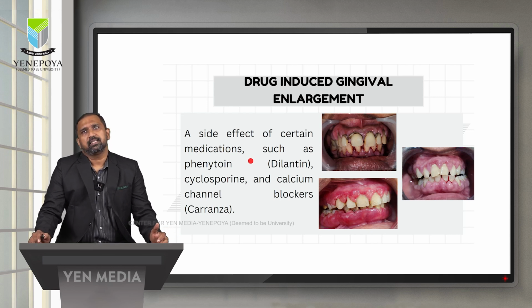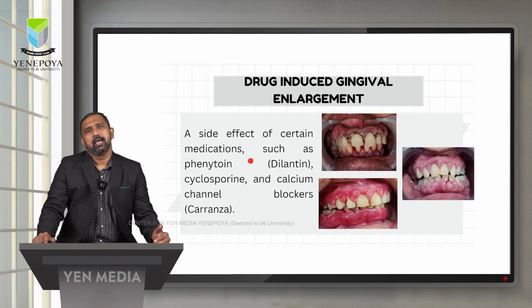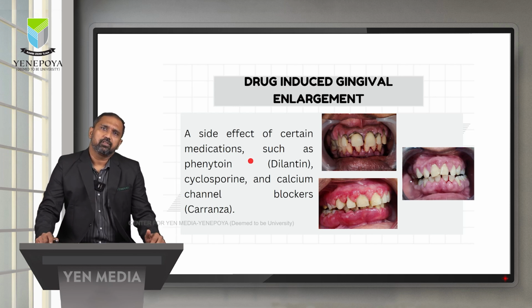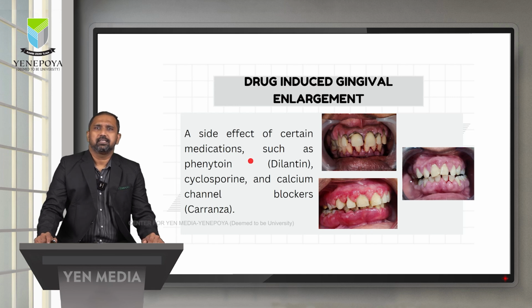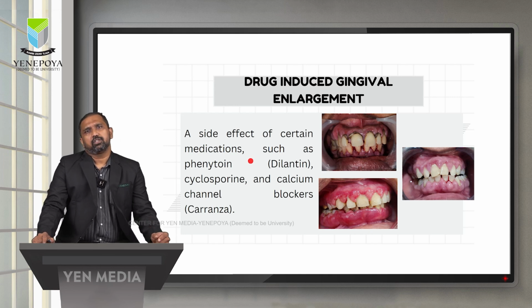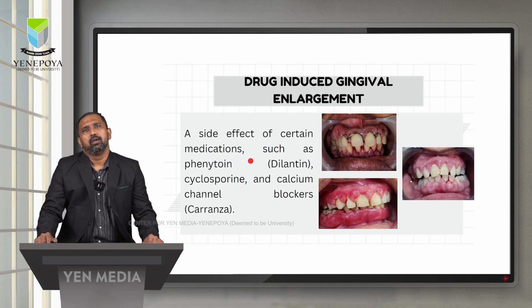It causes an aesthetic concern and a difficulty for the patient to maintain those areas. As a result, plaque accumulation and oral hygiene difficulty continue, leading to an inflammatory enlargement. So usually this drug induced enlargement will be associated with an inflammatory enlargement as a secondary cause.